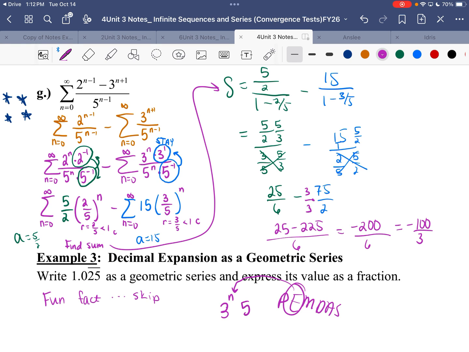And then you have 5 times 3. They're not to the same power. Wait, so you just don't have this? That's how I got 15. Yeah, I know 15 is 5 times 3. Right, because the 15 wasn't to the n power.